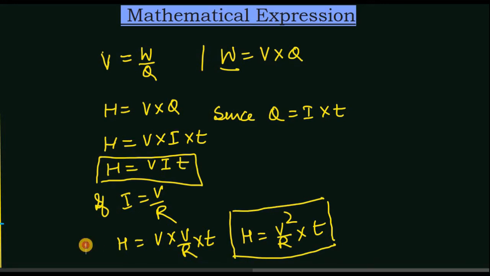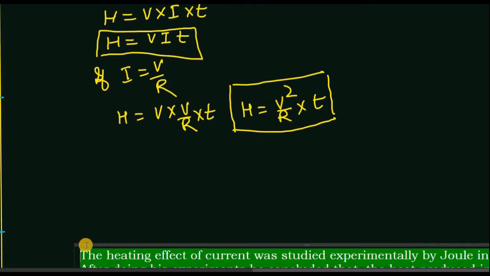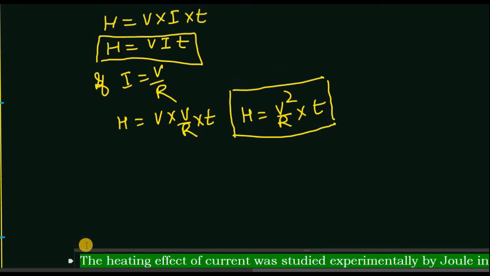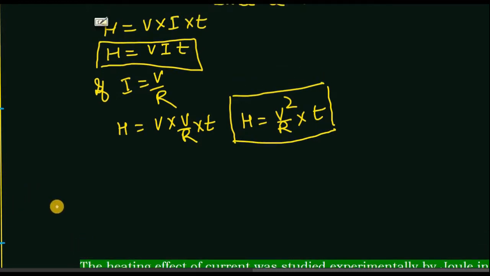One more formula we can derive from it by changing the value of V here. If V equals, in place of V we will put IR. This is again by using Ohm's law.